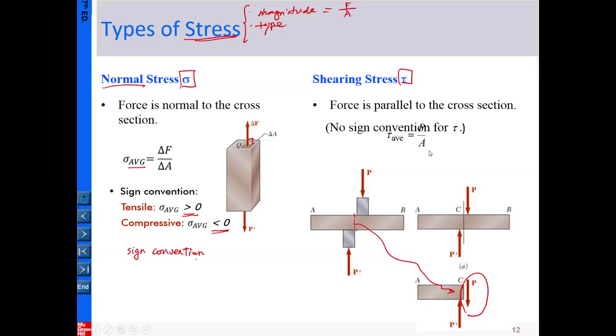Okay. And there is no sign convention for tau. In magnitude, the average shearing stress equals the magnitude of the loading divided by whatever the area here, P over A. If you really want, you can indicate on this cross section that the shear stress will be in this direction, the same direction as the loading.